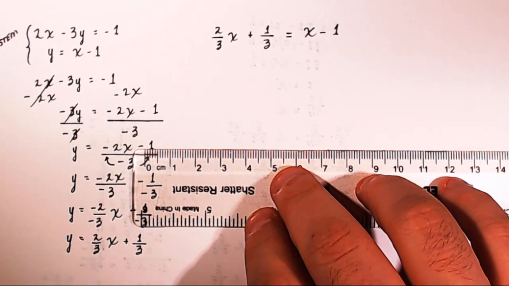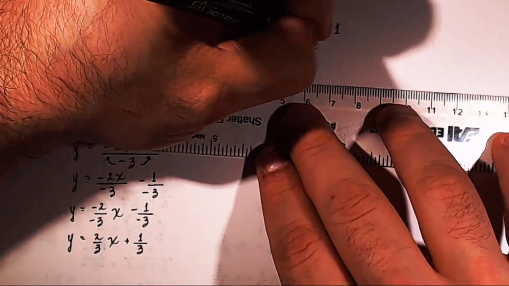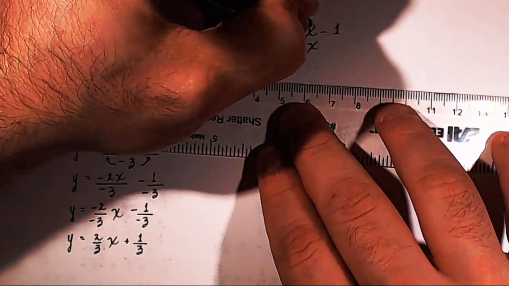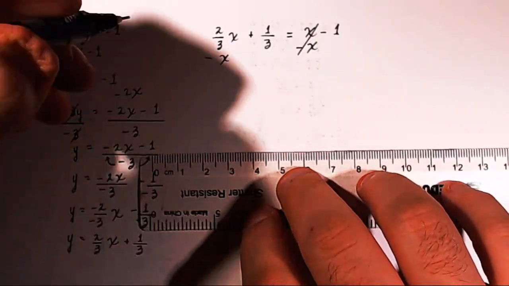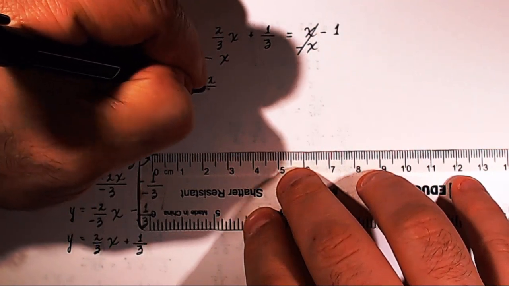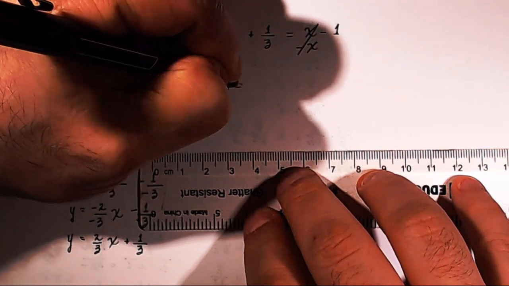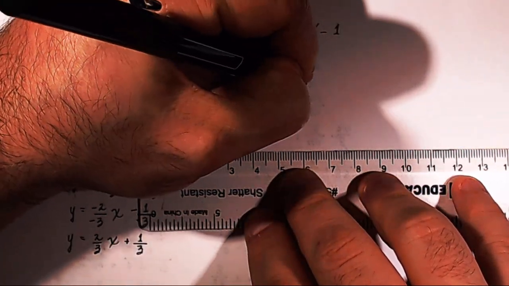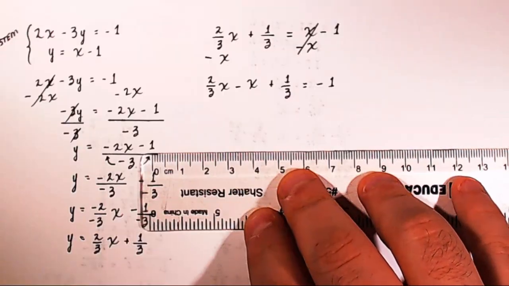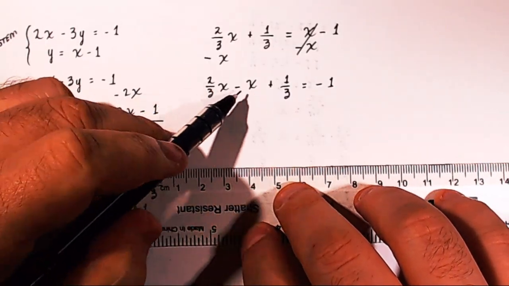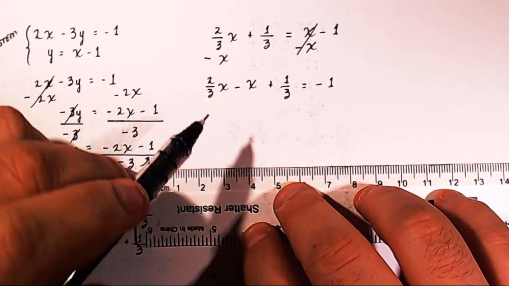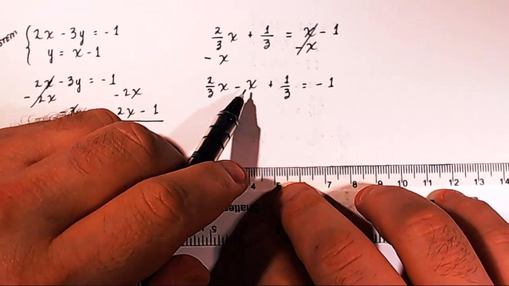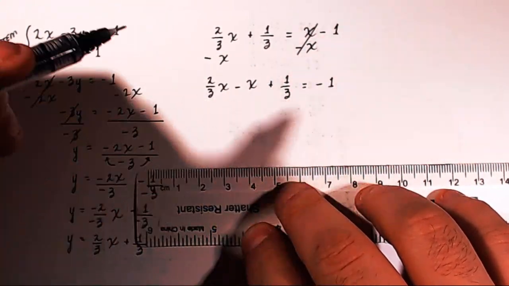Now it's just a matter of getting x by itself. So I'll subtract x from the left and subtract x from the right. These cancel. Now I have 2/3 x minus x plus 1/3 equals negative 1. In order to subtract this x from 2/3 x, I need to find a common denominator. That's where it's important to remember that hiding in front of every x is a 1.